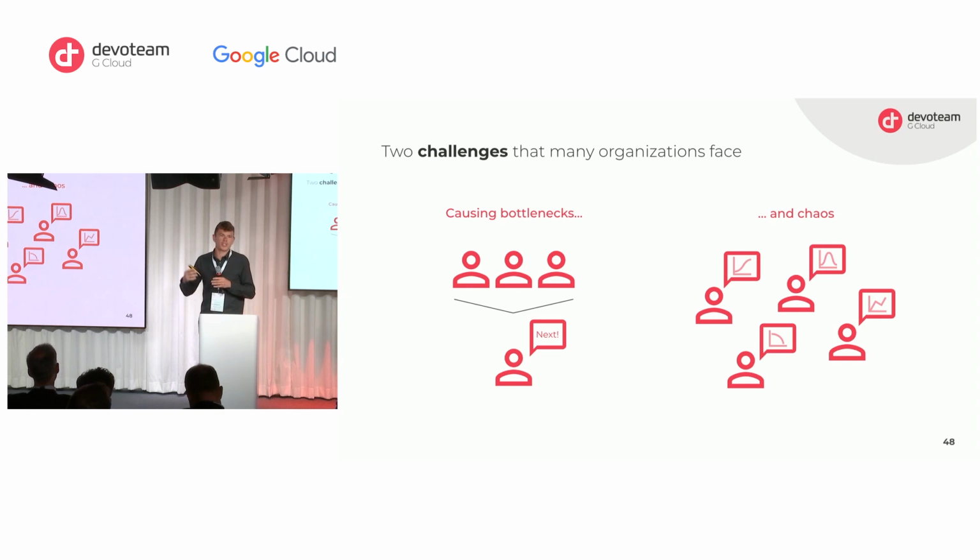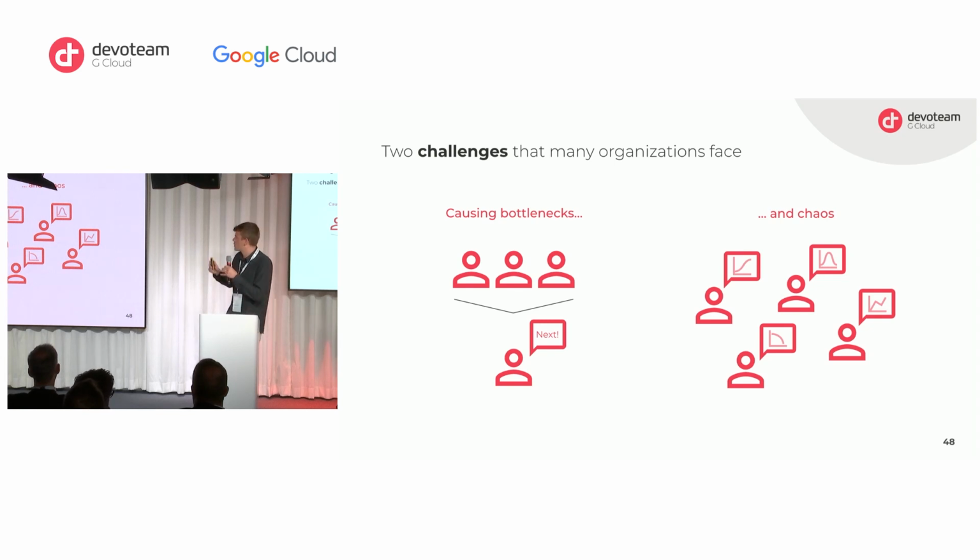So then you have to ask additional questions. And like this, so many questions are just piling up because the central data team cannot handle it. The second issue is chaos. If you ask in your organization how many customers you have, if you ask the marketing team or the sales team, you very often have a different answer.